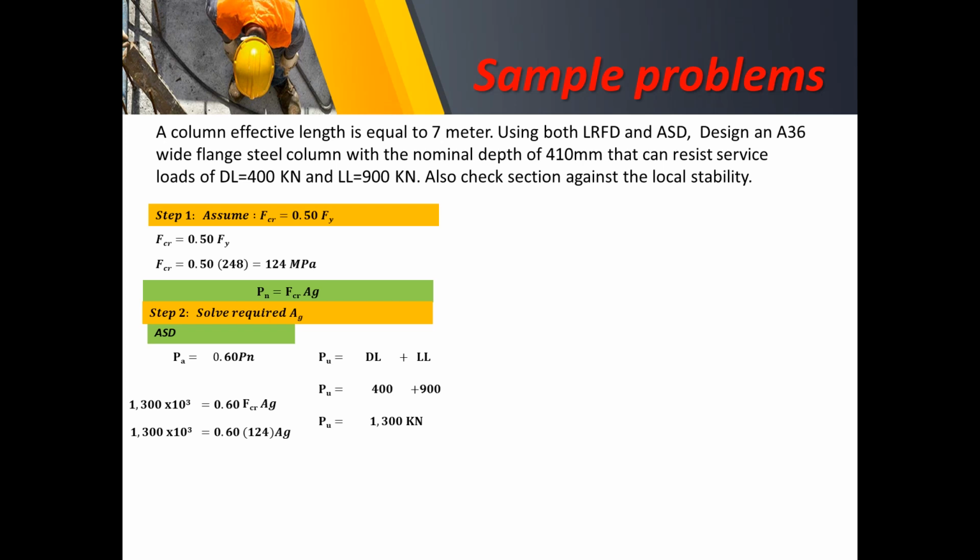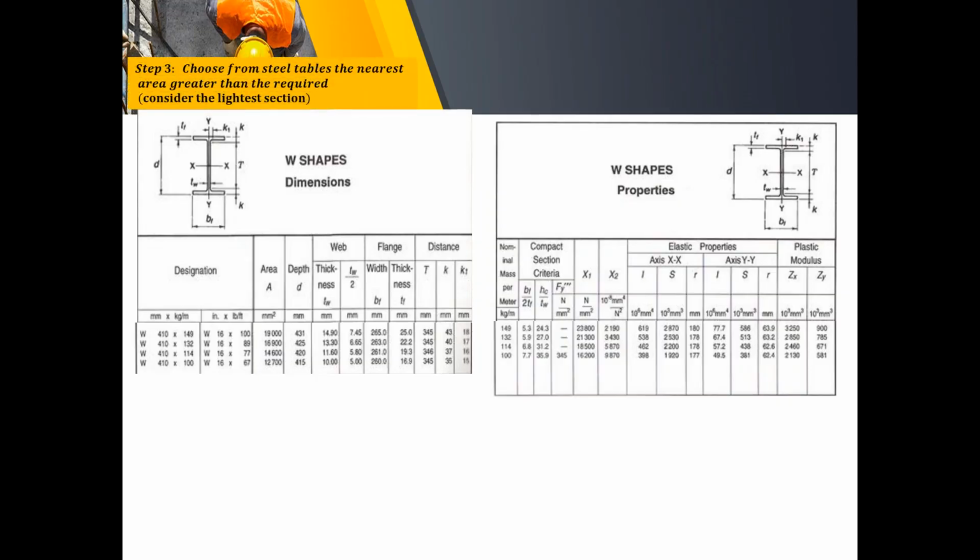So the estimated Fcr is 124. So the required gross area is 17,473.12 square millimeters. So we move on to step 3.